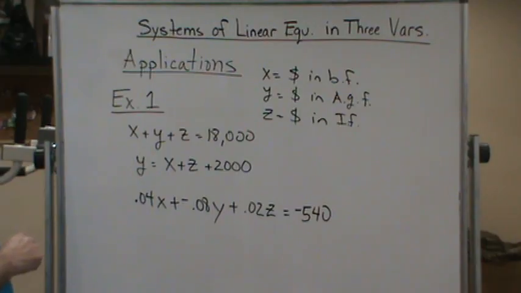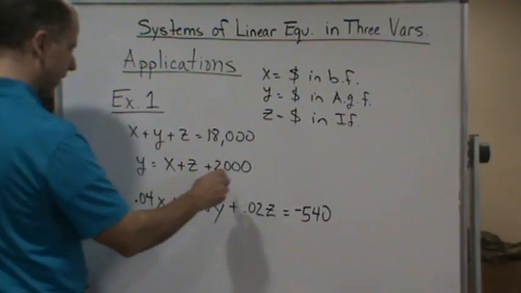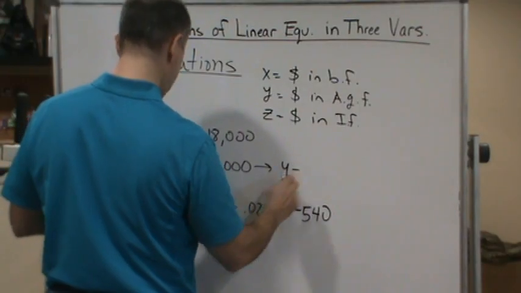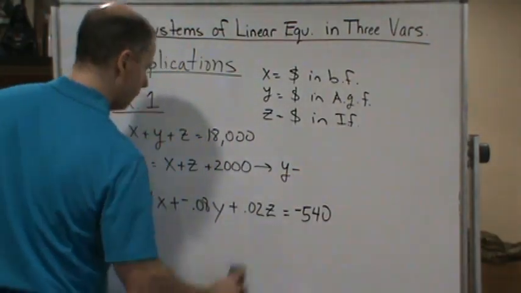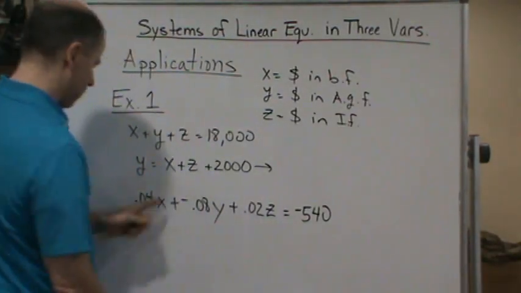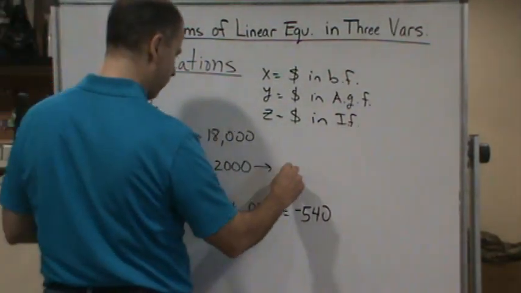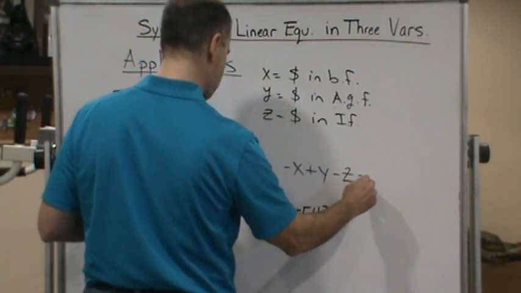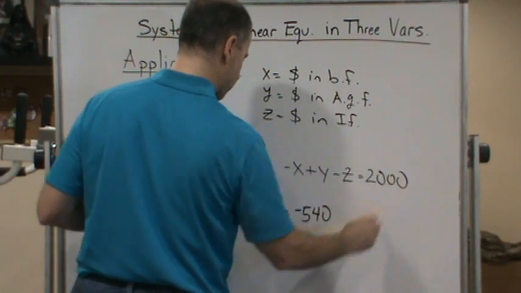How do we want to do this? Well, if we rewrite this as Y minus X minus Z, subtract X and Z from both sides, so it'll be minus X plus Y minus Z equals 2,000.